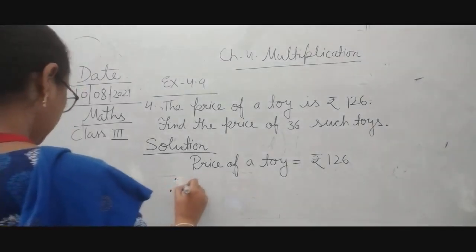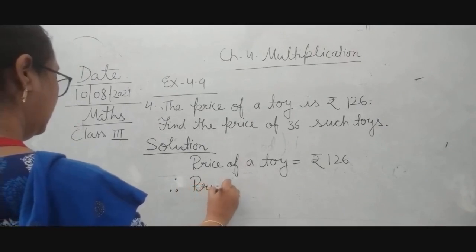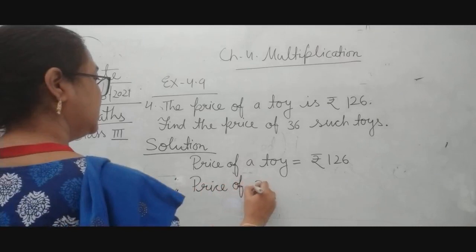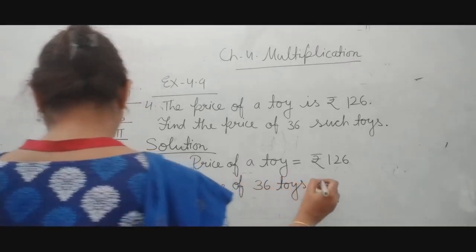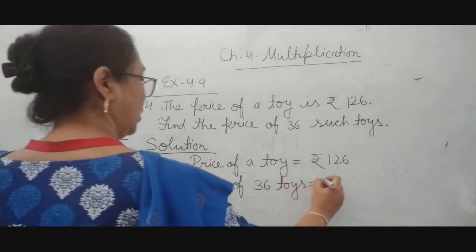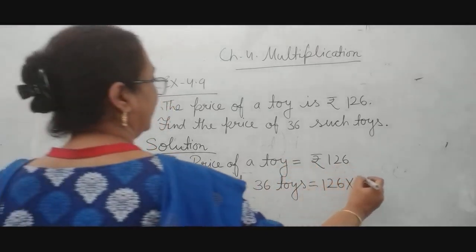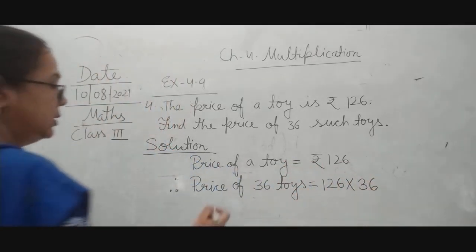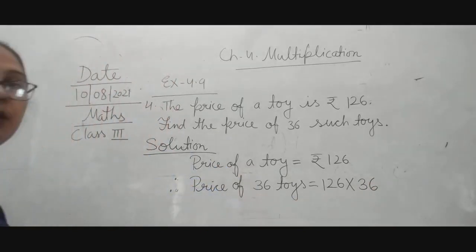Therefore, price of 36 toys equal to 126 multiplied by 36. Okay, so price of 36 toys equal to 126 multiplied by 36.